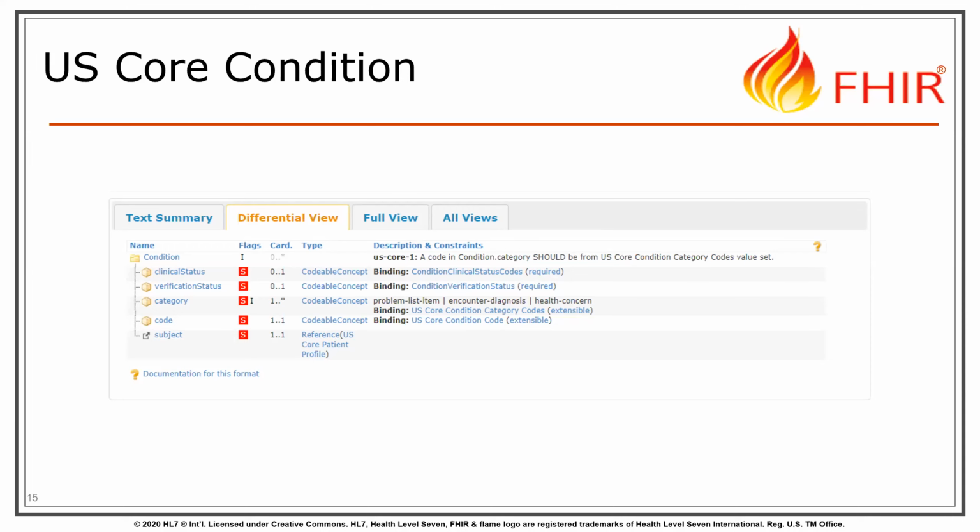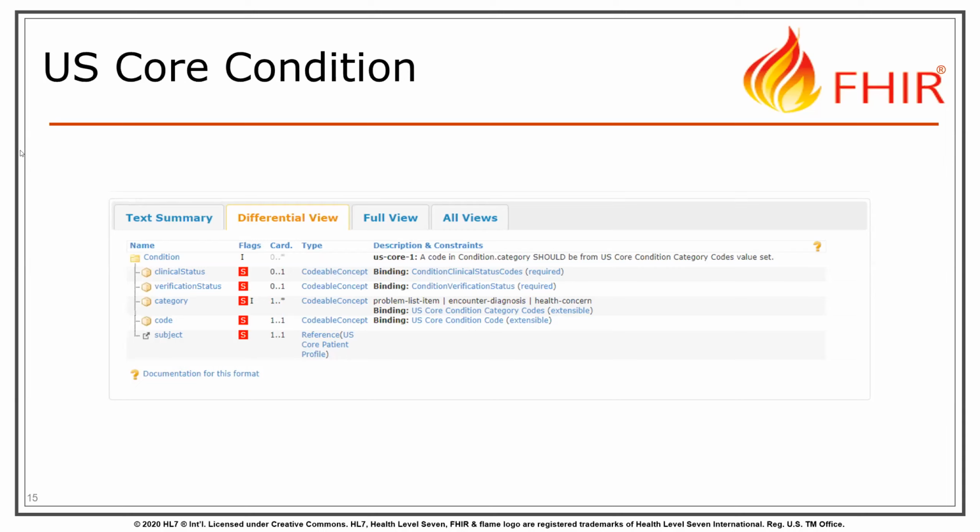We have this tree, and on the left-hand side, you have the different elements. We have Condition, and under that we have five elements: clinical status, verification status, category, code, and subject. As you go across each row, you can see the metadata about each element. We have that little red S, which means you must support this. In everyday language, that means if that S is there and you're a system that has this data, you have to be able to send it.